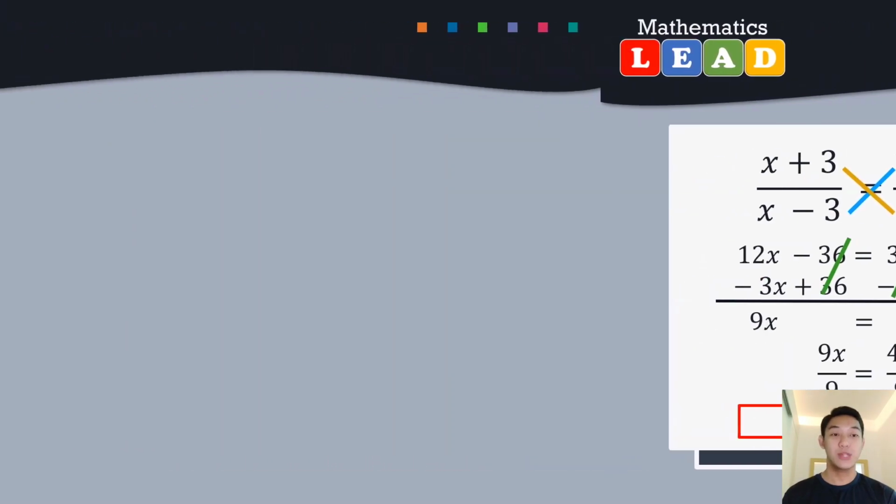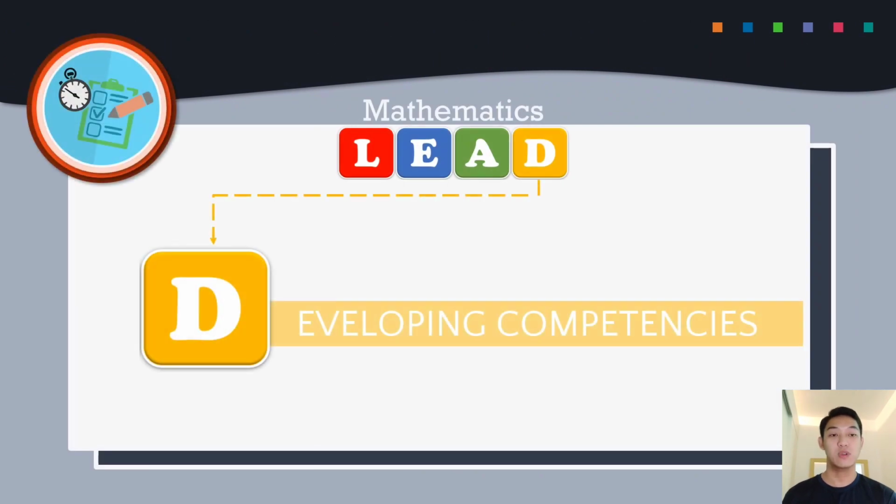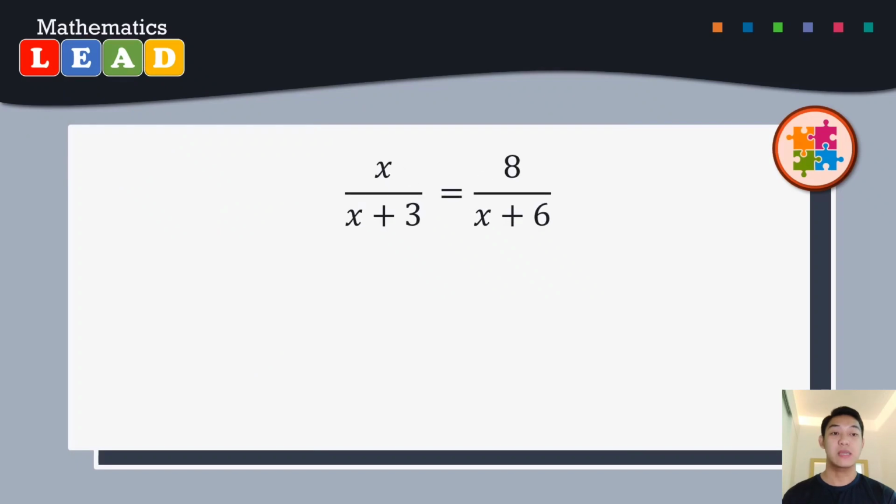Now that we understand the steps, formulas, and process of solving rational expressions, let us develop our competencies. We have the problem x over x plus 3 equal to x over x plus 6. You may pause this video to try this out and find the value of x.